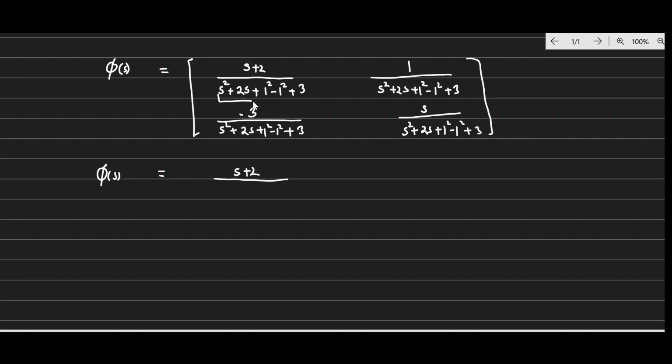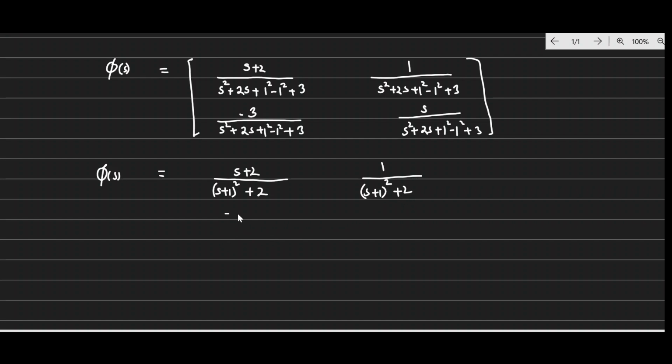Remember, this part can be factorized, that's a perfect square. If you factorize s squared plus 2s plus 1, that's s plus 1 squared. And then negative 1 plus 3, that is 2. And then similarly here, 1 over s plus 1 squared, the same denominator, plus 2.